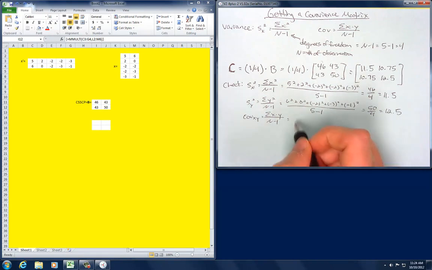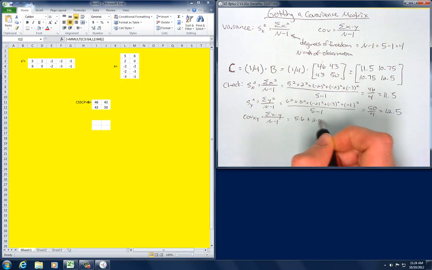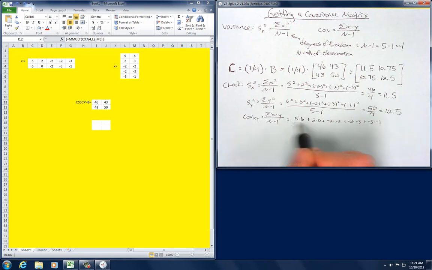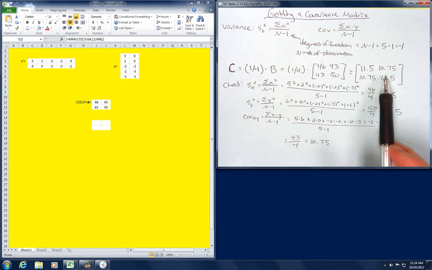So we get 5 times 6, 2 times 0, plus negative 2 times negative 2, negative 2 times negative 3, plus negative 3 times negative 1. All that over our degrees of freedom. This is going to equal 43 over 4, which is 10.75, which matches what we had up here for covariance.